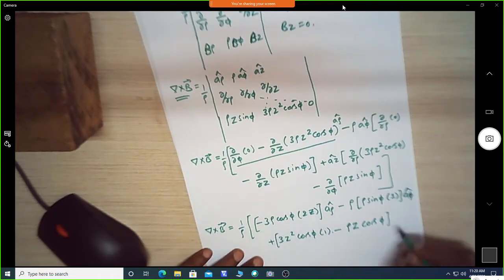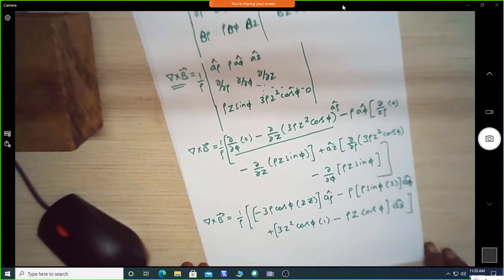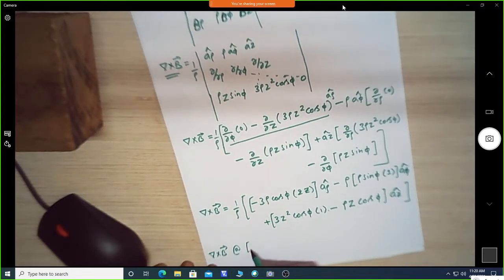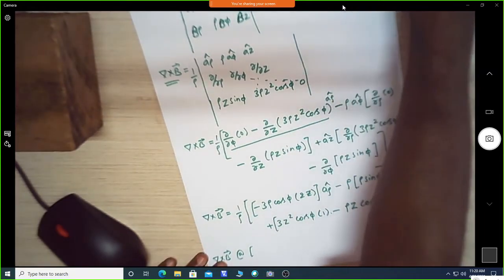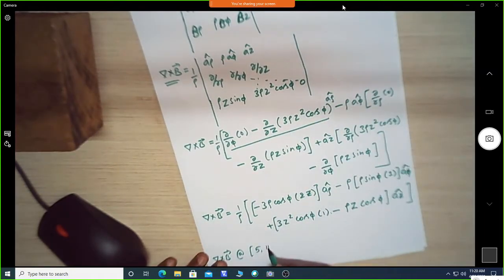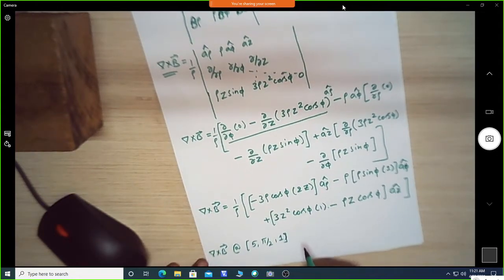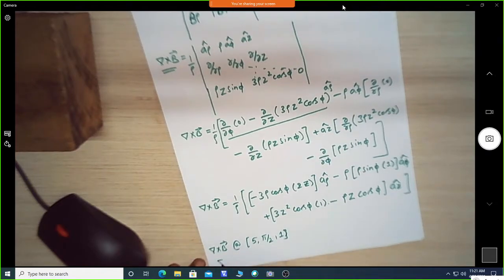So this is in the direction of az. This is what we got for del cross B. Now substitute at the point. What is the point given? It is 5 comma 5 by 2 comma 1. So substitute the values, and we will get del cross B.